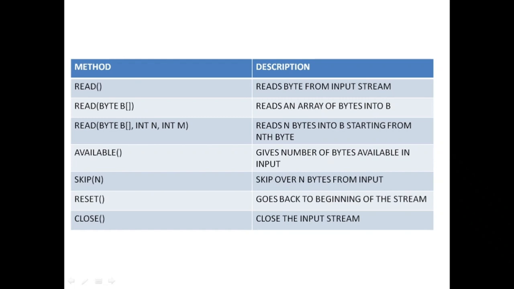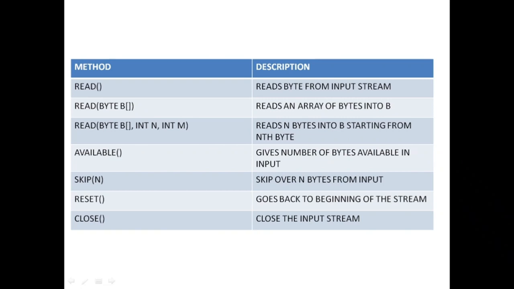Next one is your read method again, but with a different signature. In this case, we have also passed two integer variables called n and m. The basic functionality of this method is that it reads m bytes of data and stores it inside the B array starting from the nth byte.